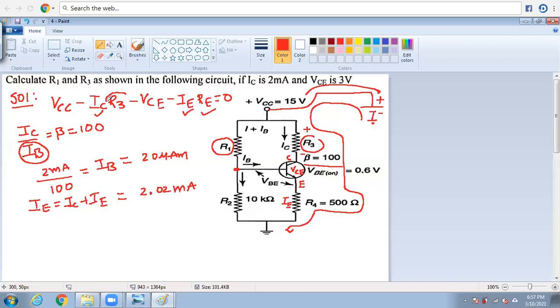We get the IC value, we get the IE value, and we know the RE value, so we can easily find out the R3 value. This R3 can also be called RC.